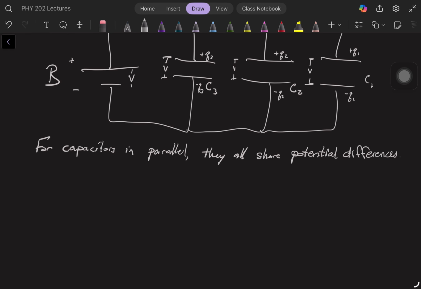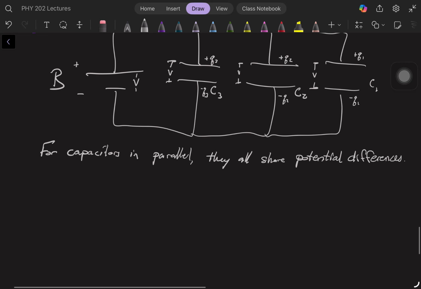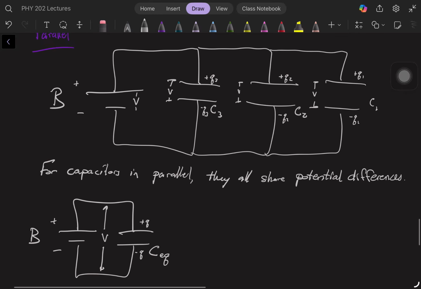Okay. So that's fun, that's great. And so our goal for this, as we said, is to rewrite this as some C equivalent with some plus Q, some negative Q, and where we have V. All right, and so we don't expect V to be any different from our initial V, right?